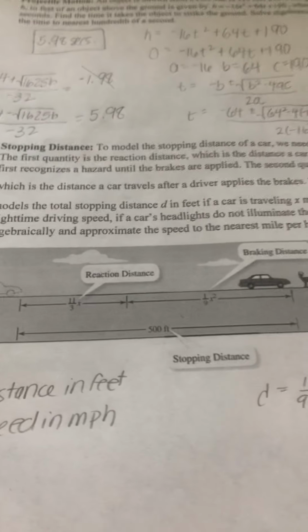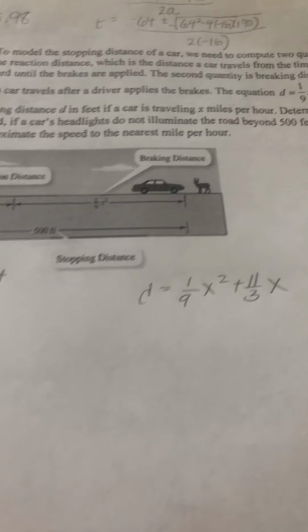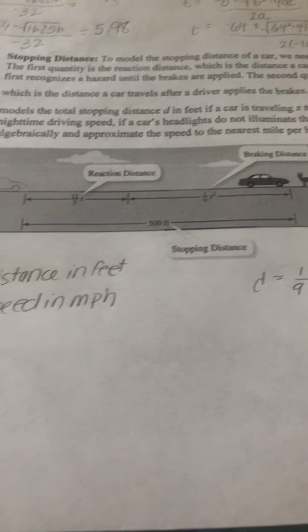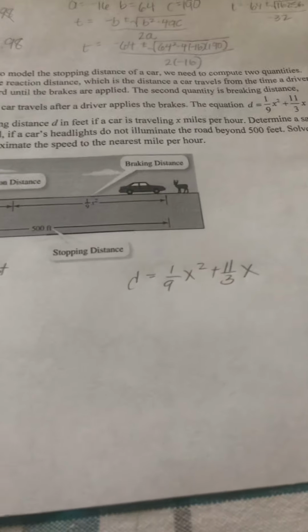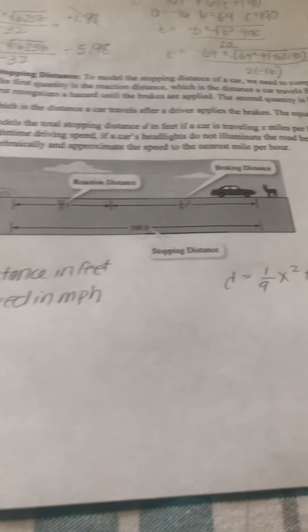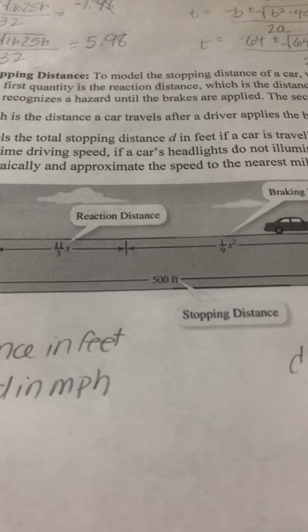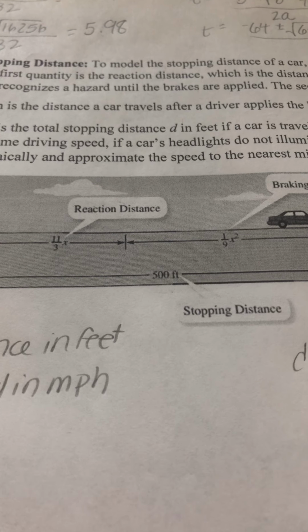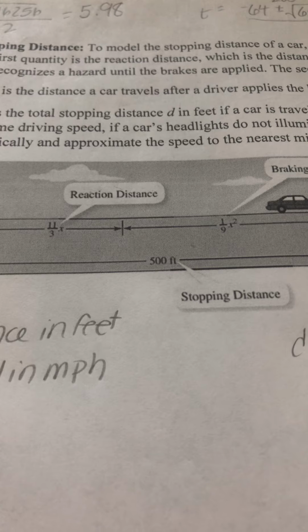And then lastly, go ahead and read this one. So there's your formula. X is standing for the speed, D is the distance. So let's see, what's the question? Determine a safe driving speed.